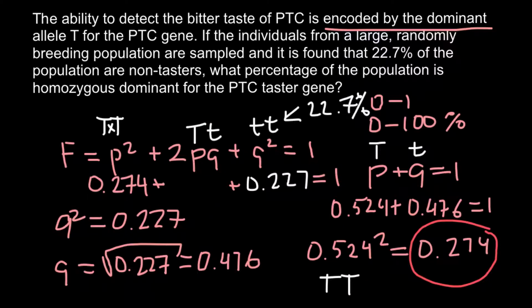Or we can use the numbers we got for p and q: 2 multiplied by p and multiplied by q. So there are 2 ways to find the heterozygous genotype frequency. And if we need an answer in percentage form, we just multiply by 100, or move the decimal point 2 places to the right, and this is the answer in percentage form.